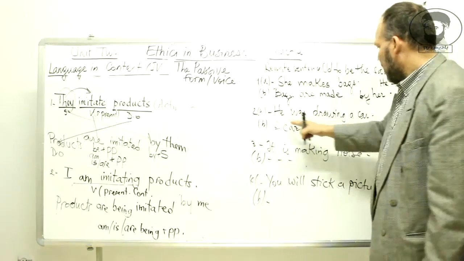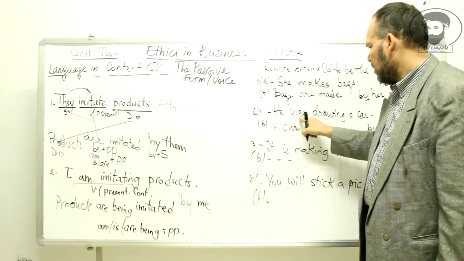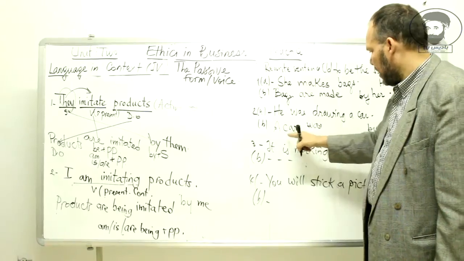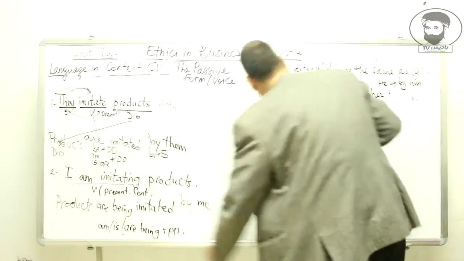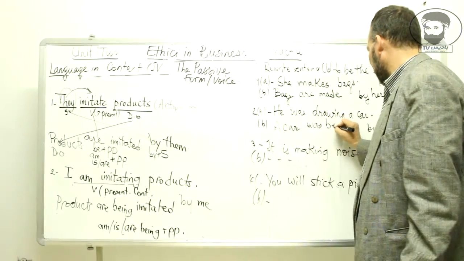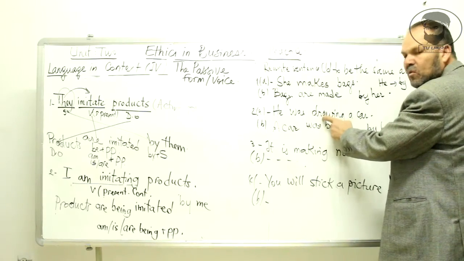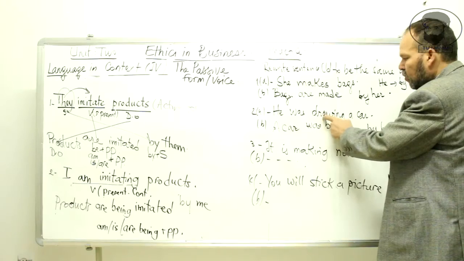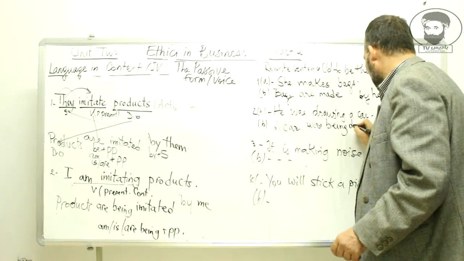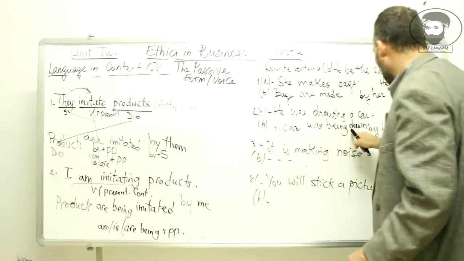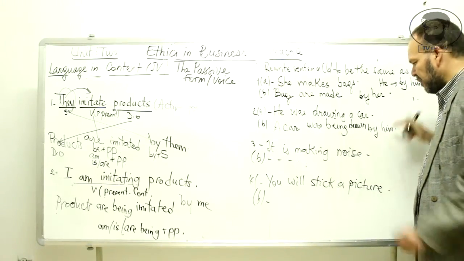So we say the car was. Why was? Because here it's the past continuous. Was being. To draw, drew, drawn. So, was being drawn by him. A car was being drawn by him.